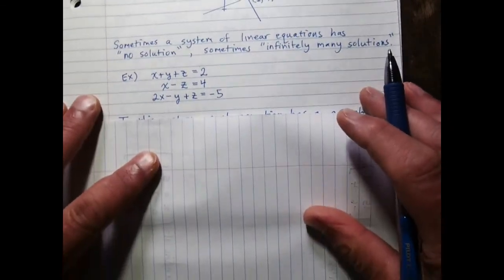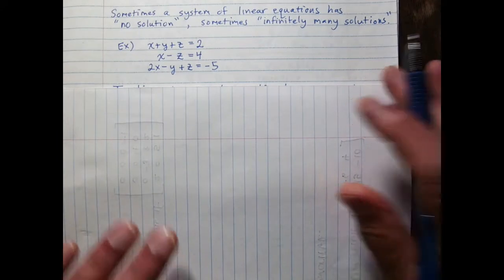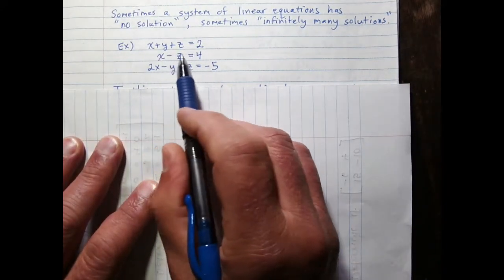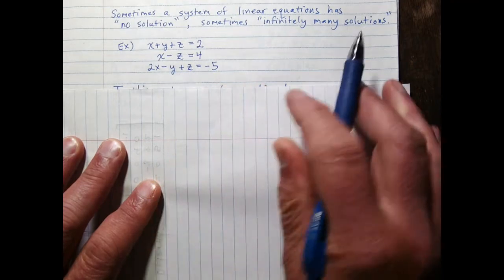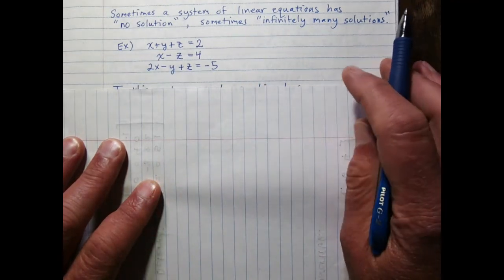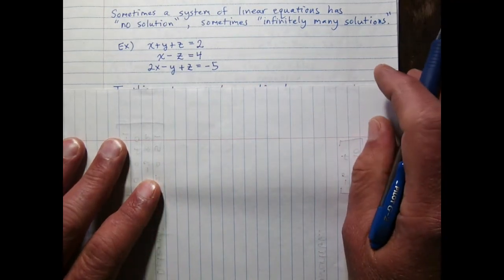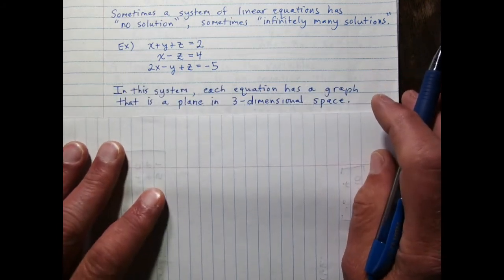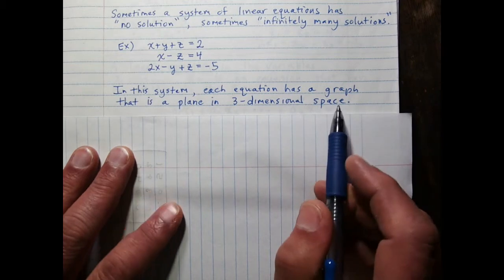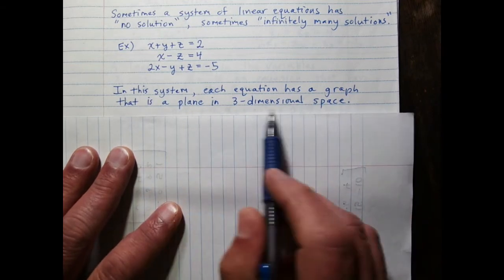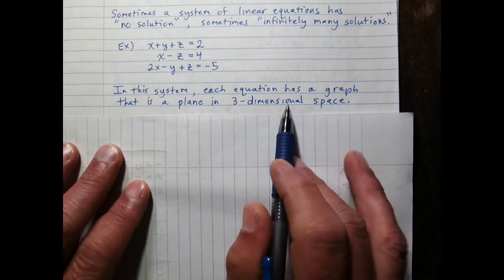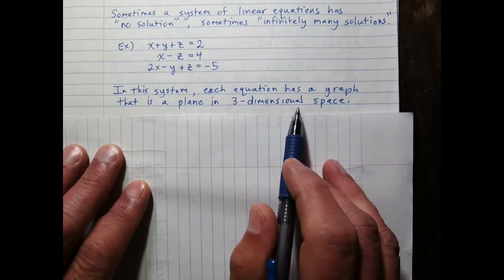Let's just look at 3 dimensions for a moment. So here's a system of what are called linear equations in 3 variables, 3 equations: x plus y plus z equals 2, x minus z equals 4, 2x minus y plus z equals 5. So in this system, each equation has a graph that is a plane in 3-dimensional space. And you should be familiar with 3-dimensional space from Calculus 3.